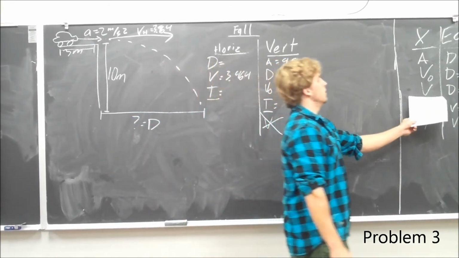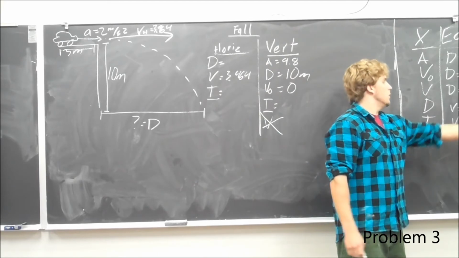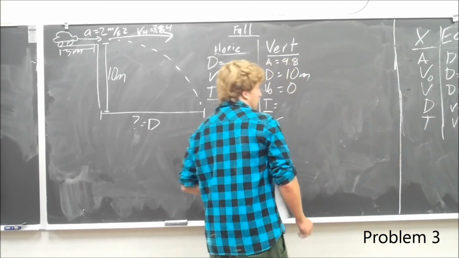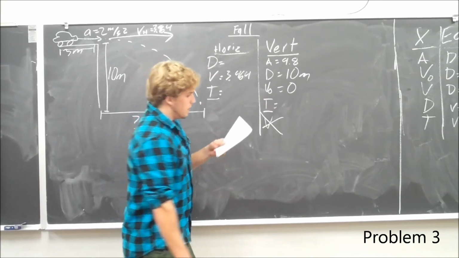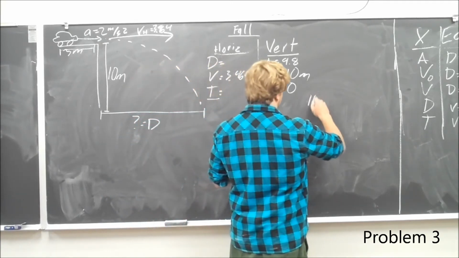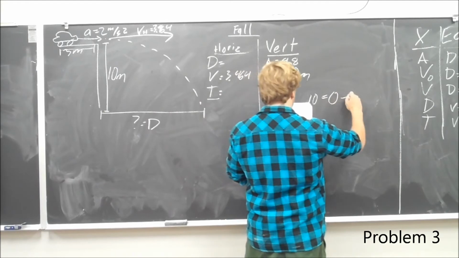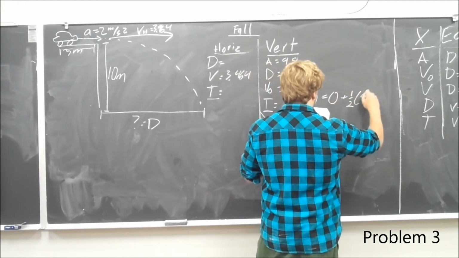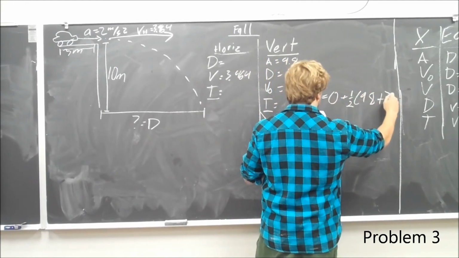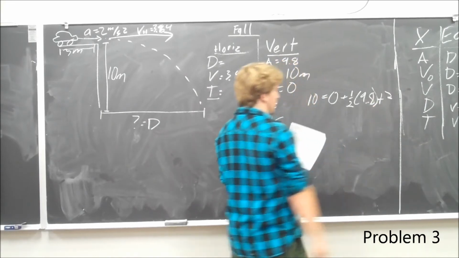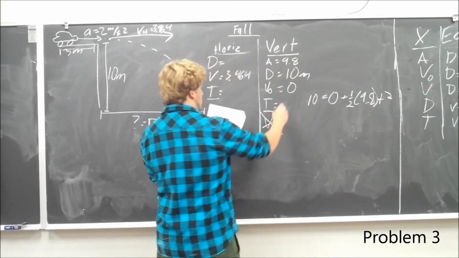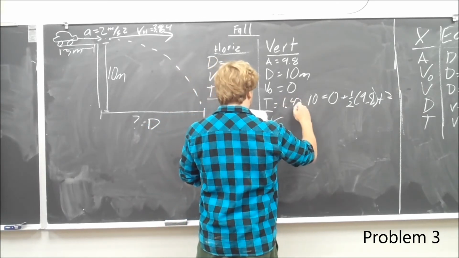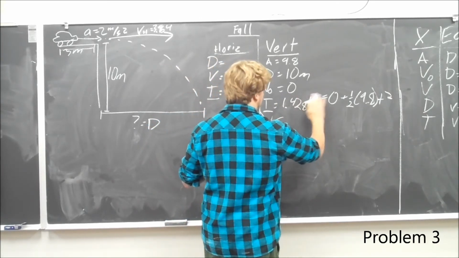Over here, we use this equation: d equals v naught t plus 1/2 at squared. That means we have 10 is equal to 0 plus 1/2 times 9.8 t squared. That means this t is going to be 1.4285 seconds. Sorry that this is messy.